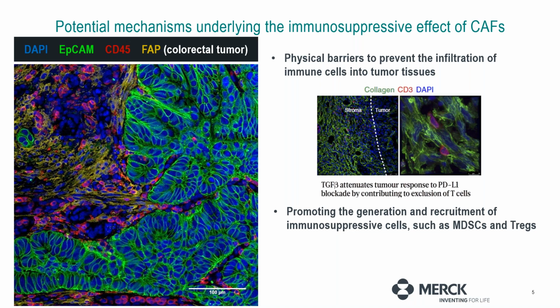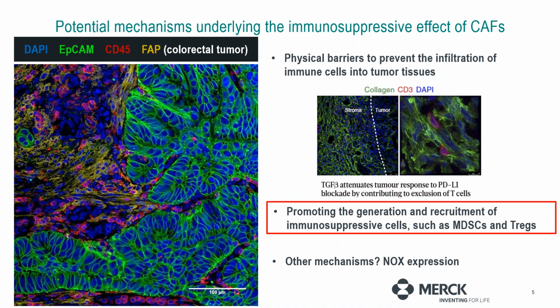One theory is that the CAFs can help to promote the generation and recruitment of immunosuppressive cells to build up the immunosuppressive tumor microenvironment. The other mechanism can be that CAFs themselves can produce immunosuppressive molecules to dampen the anti-tumor immune responses. Here we are especially interested in the interaction between CAFs and tumor-infiltrating immune cells.